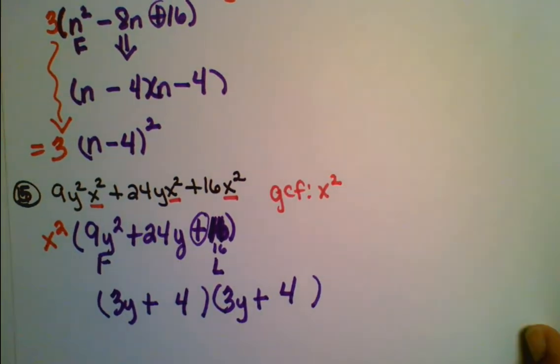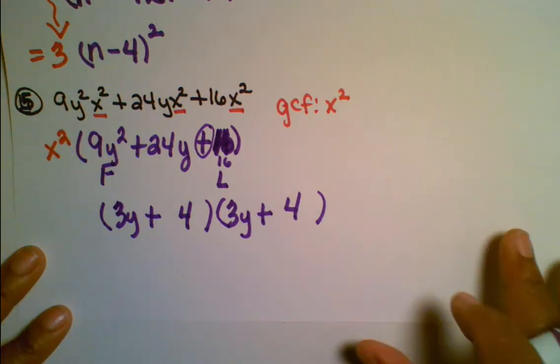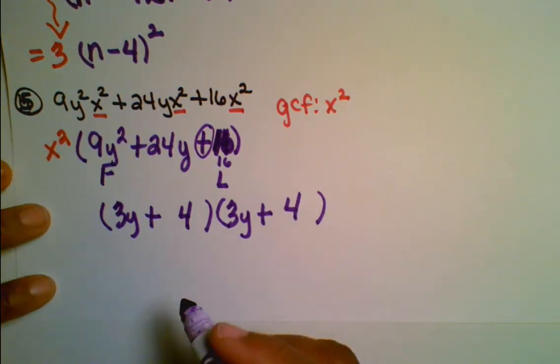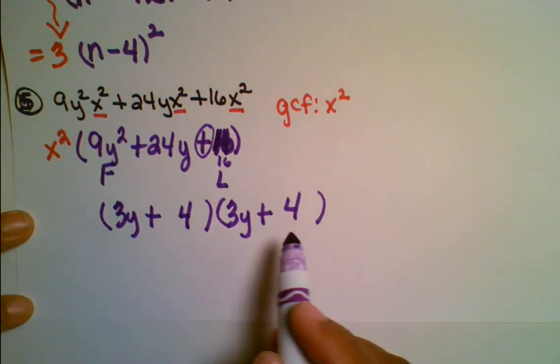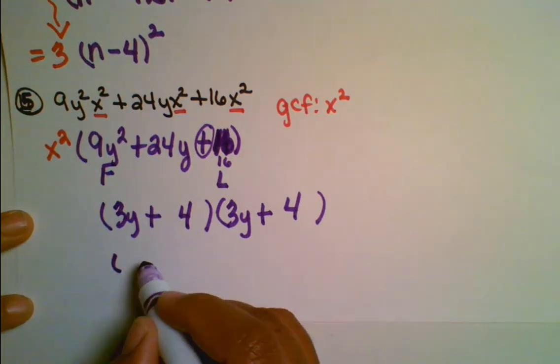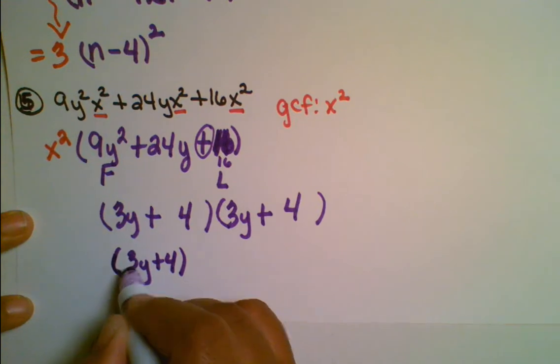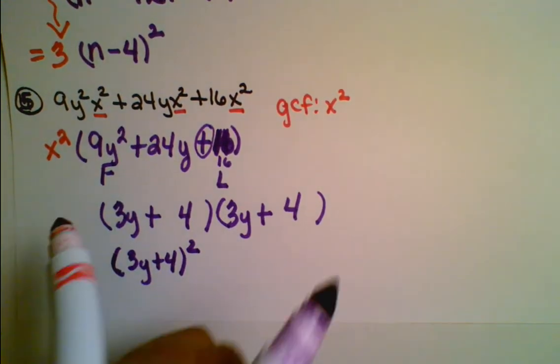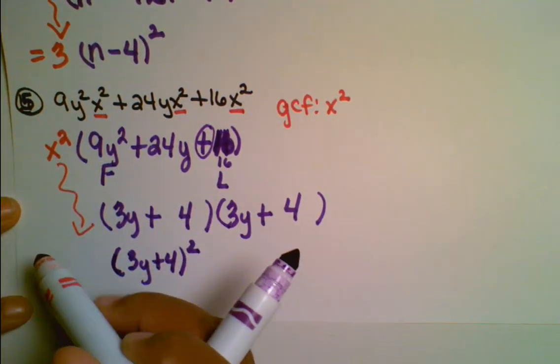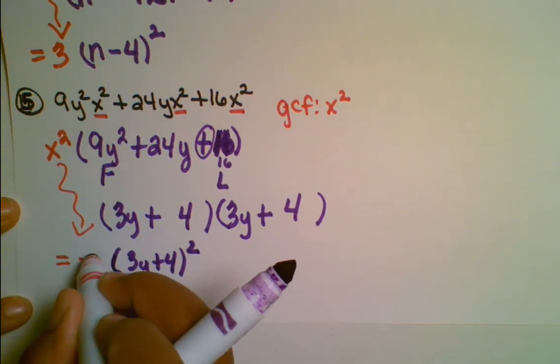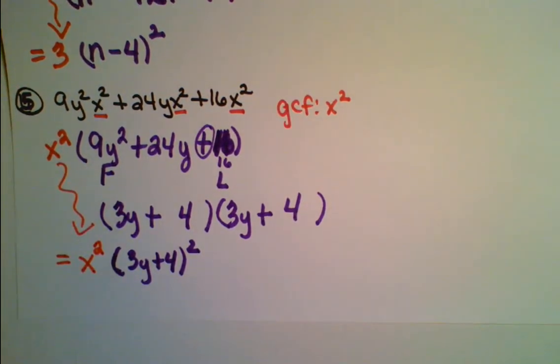Now that 3y plus 4 is written twice, we can write it as a binomial squared. And don't forget to bring down the GCF because that was part of the factoring process. There we go.